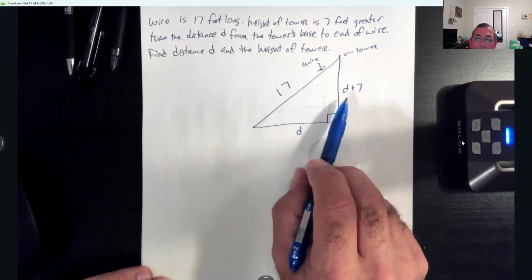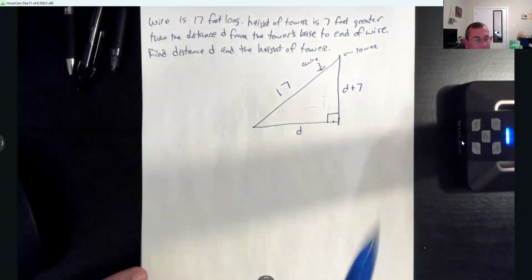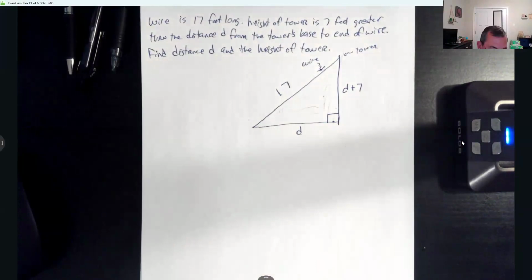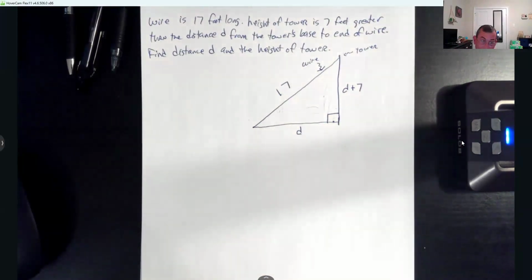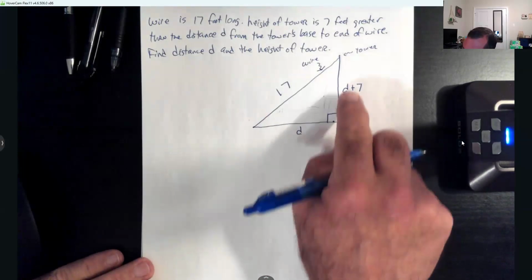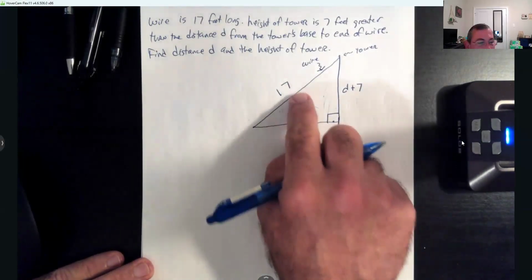So do y'all know what I could use to find the sides of a right triangle? And it's a theorem y'all should have learned at one point in time. Good job, Pythagorean theorem. Good job. We're going to use the Pythagorean theorem to solve this.